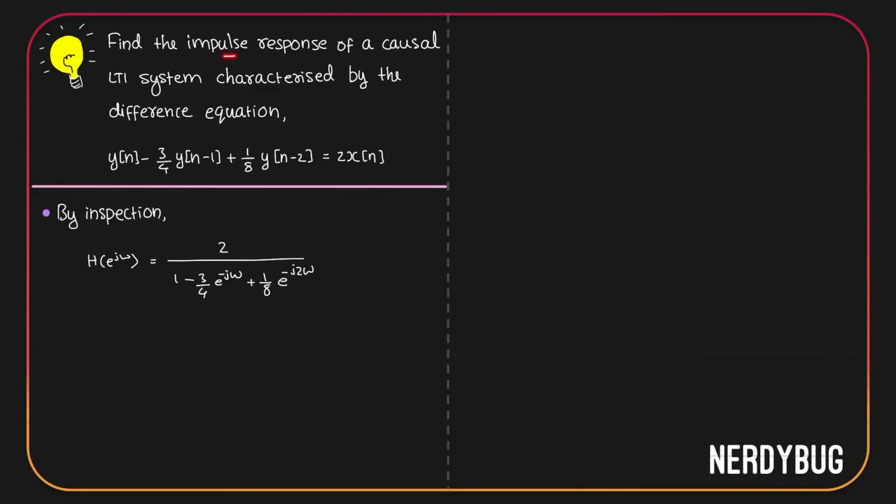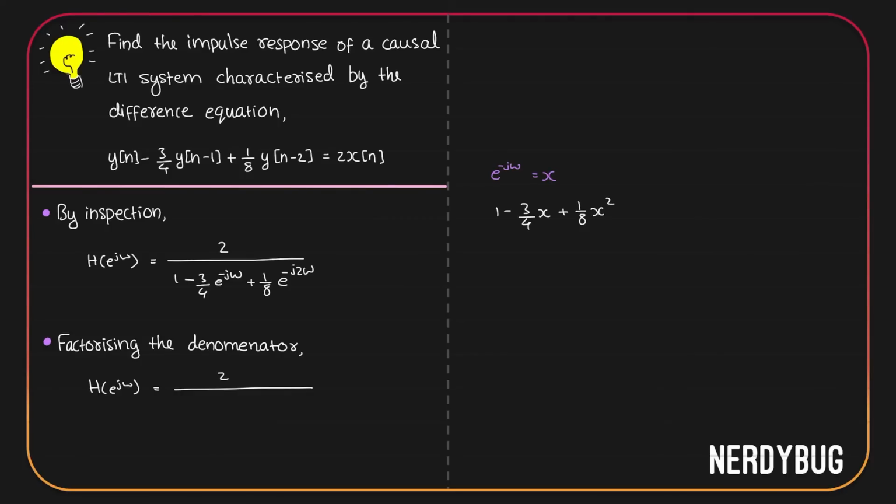What we have to find is the impulse response. So we have to find the inverse Fourier transform of h of e raised to j omega. For that, let us factorize the denominator. H of e raised to j omega can be written as 2 divided by, let us take e raised to minus j omega to be x. Then that equation becomes 1 minus 3 by 4x plus 1 by 8x square.